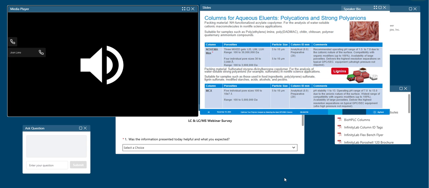This column has a pH range of 1 to 13, though the operating pH range for the samples is suggested to be 7 to 13 due to the anionic nature of the surface. These are also compatible with organic modifiers as well. And also, like the Novema Max column, this also has select columns available for use with light scattering detectors.